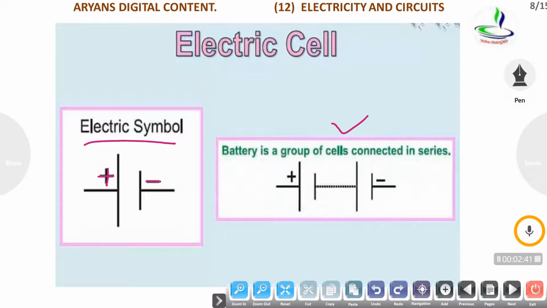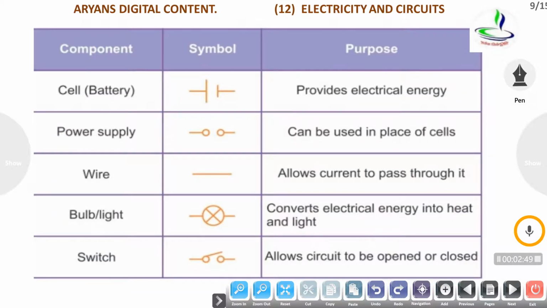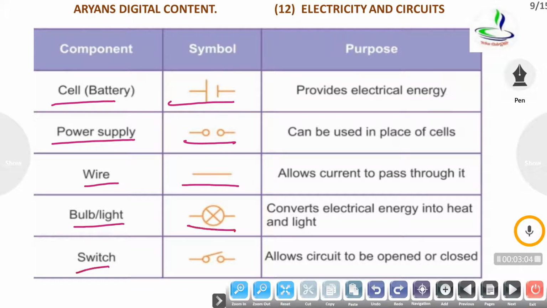In case of battery, there is a series of cells, so it is represented by these symbols. There are some more symbols that are used to denote other things, like power supply, wire, bulb, switch.